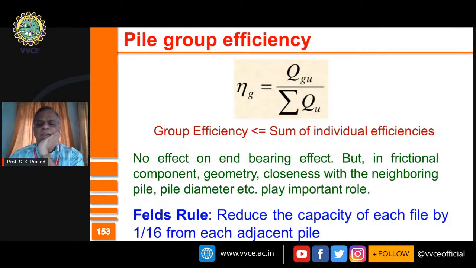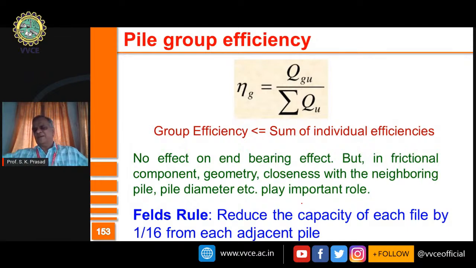No effect on end bearing. It's only in the frictional one. So all this group efficiency is affected due to the frictional effect. I'm always impressed by this Feld's rule. What does it say? It simply says that because of the interaction with the neighboring pile, reduce the efficiency by 1/16th of its capacity.